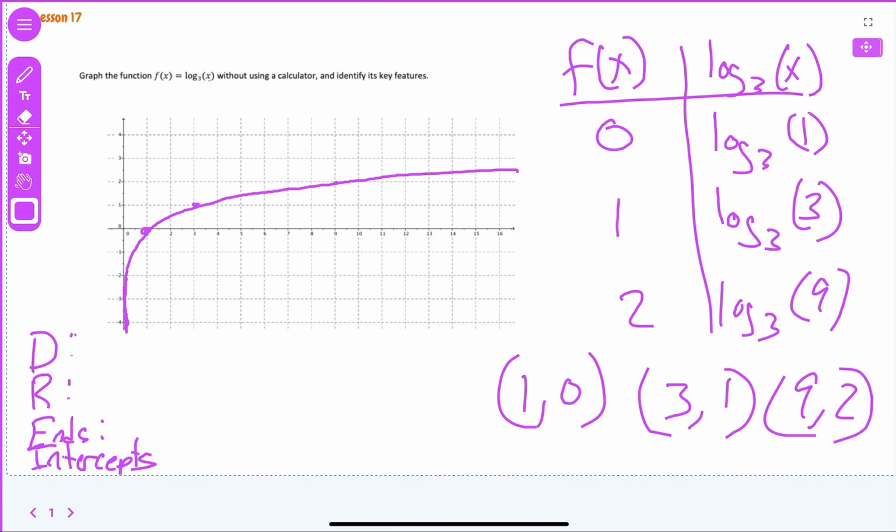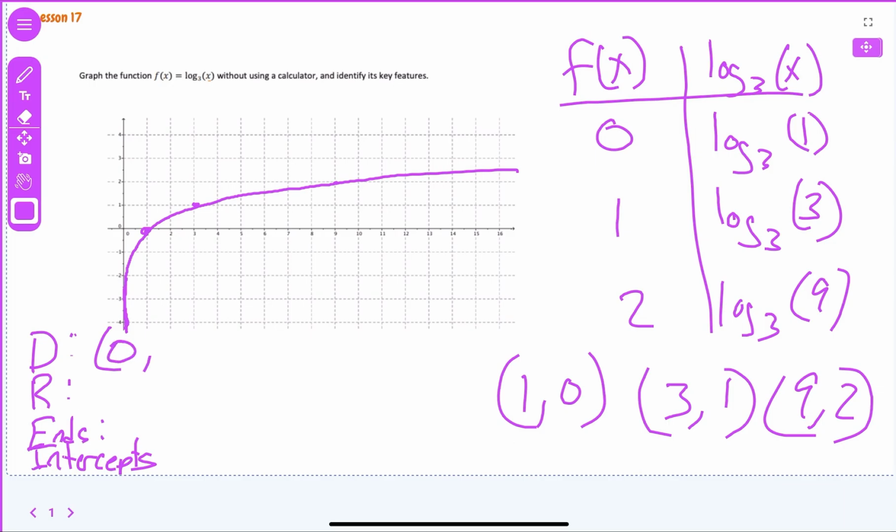Now, what is the domain? The x. So what is the x here? Is it going to be 0? So how you would write that is you would include it.